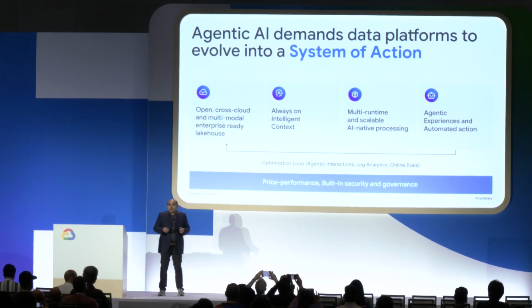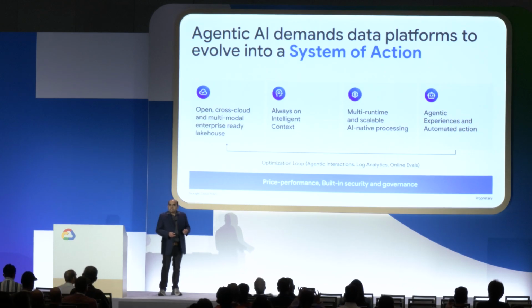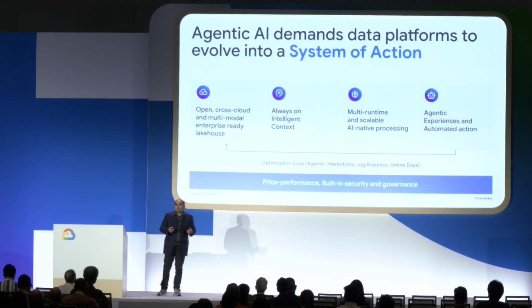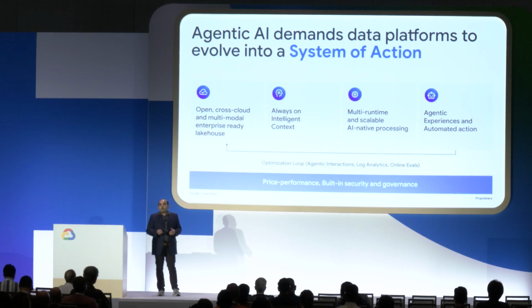Right? Again, it boils down to 4 things, which is unlimited access to data to begin with, regardless of location, type, shape, format, modality. You want intelligent context, so a model cannot work in your environment if it only is trained on the world's logic, right?